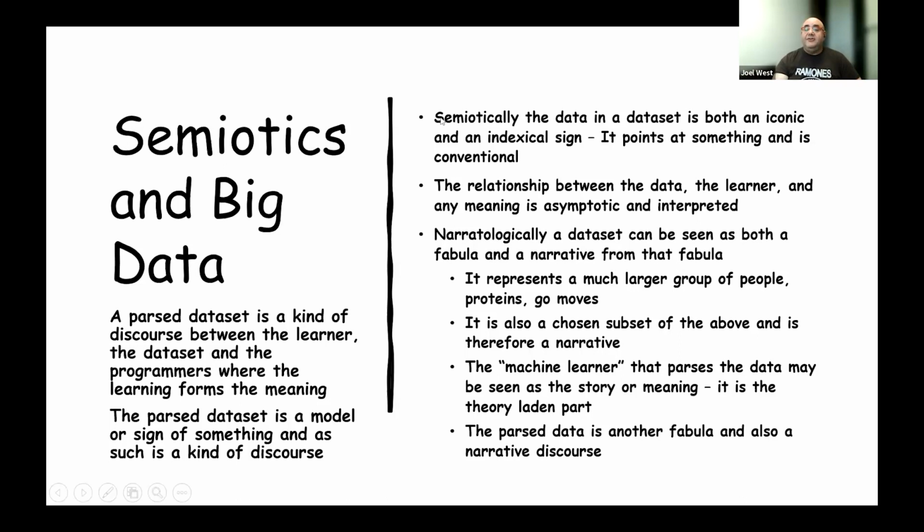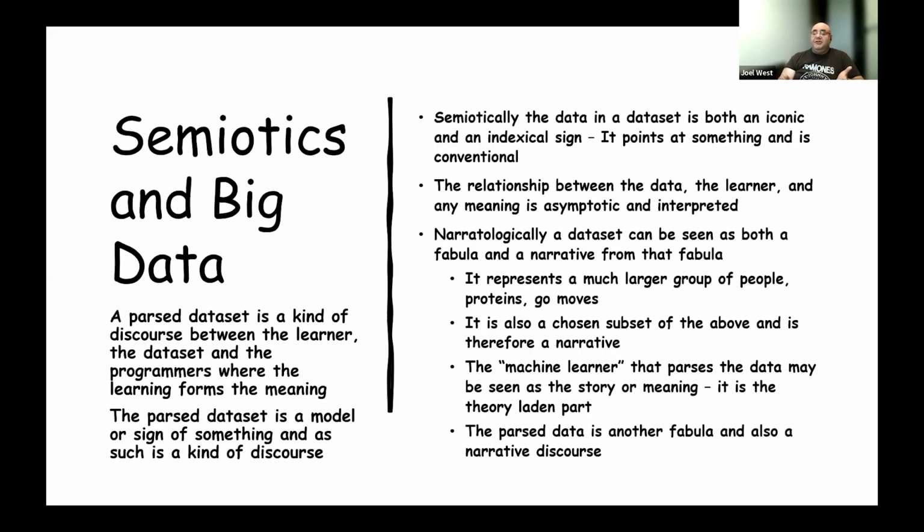In that case as well, the data in a data set is both an iconic and indexical sign. It points at what it represents, and it's also conventional, where the relationship between the data and the learner and the meaning is asymptotic, and it has to be interpreted by someone to mean something else.